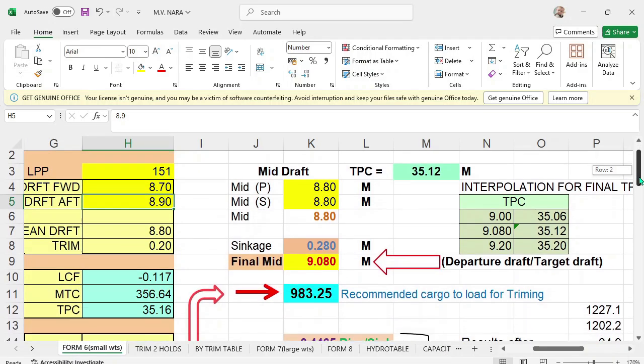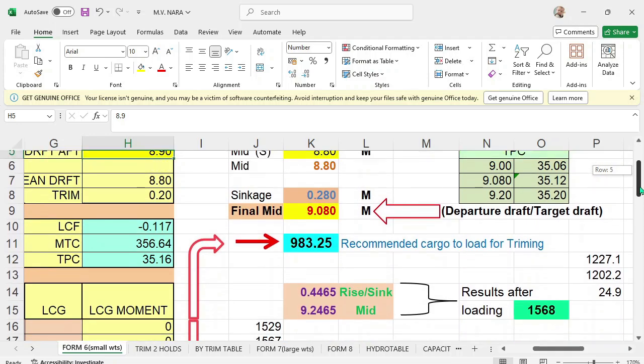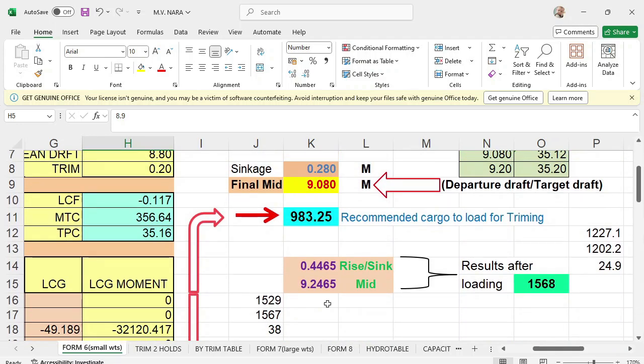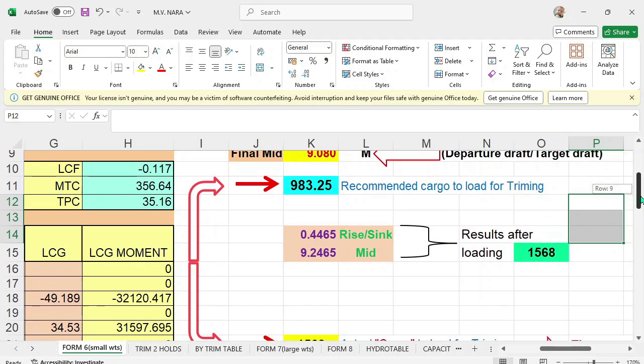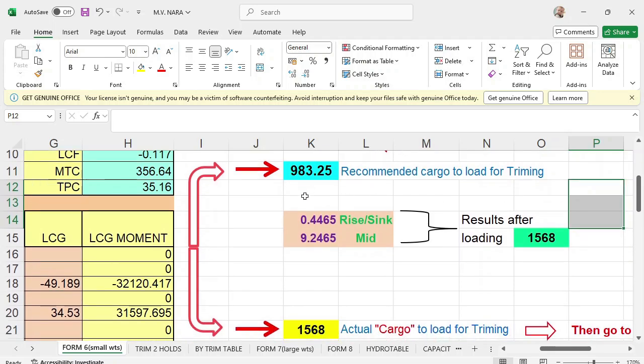Okay, you scroll down, take this one out, take this one out, scroll down again. Then let's say you load 985 or 980.